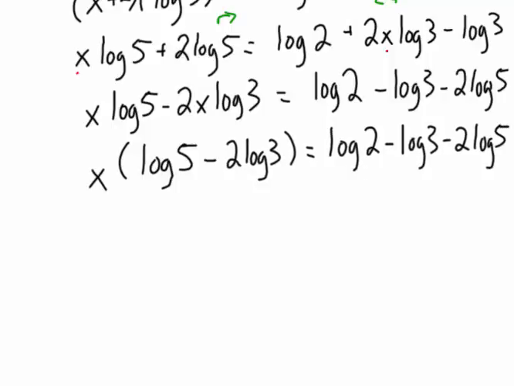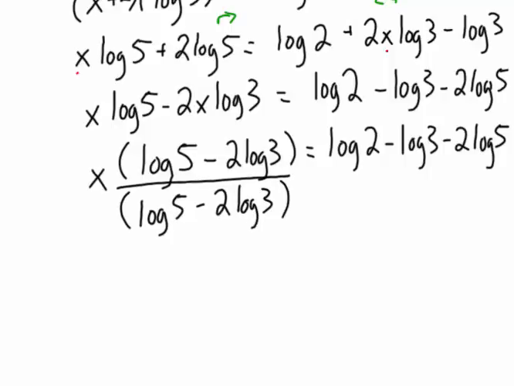Now we're almost there. Now that we have x all by itself, now we can divide both sides by whatever we don't want. And in this case, it's log 5 minus 2 log 3. And remember, for an equation, as long as we do the same to both sides, it doesn't change the equation.